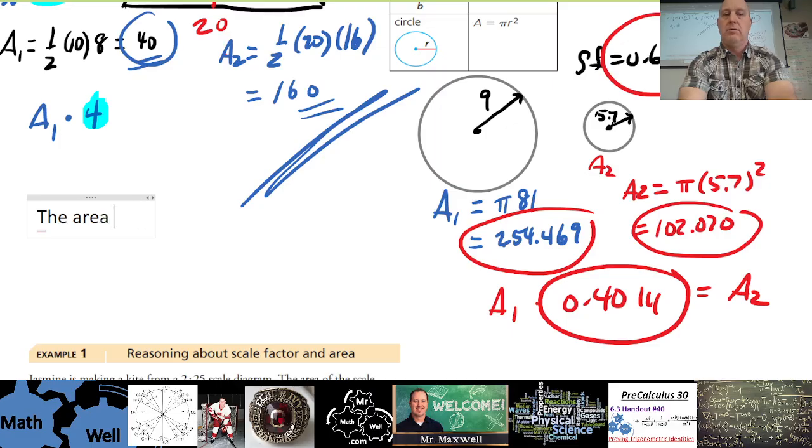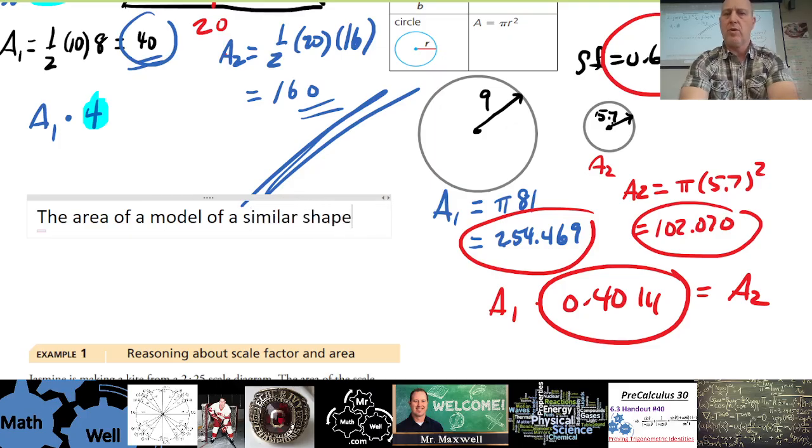The area of a model of a similar shape, which is what we've been working with, is the scale factor, oh my goodness, to the power of 2.